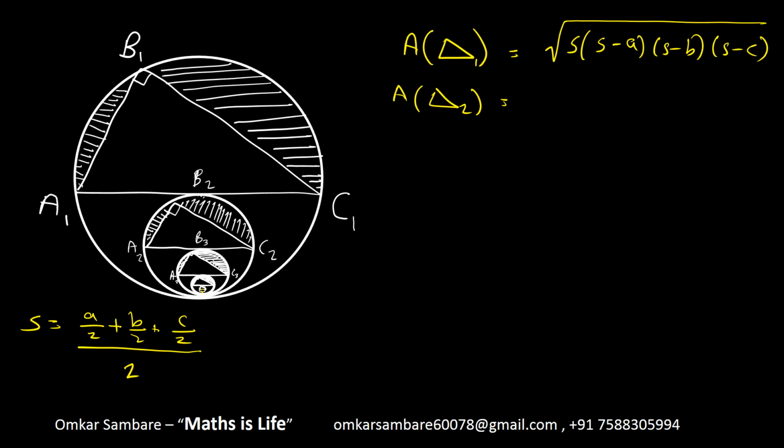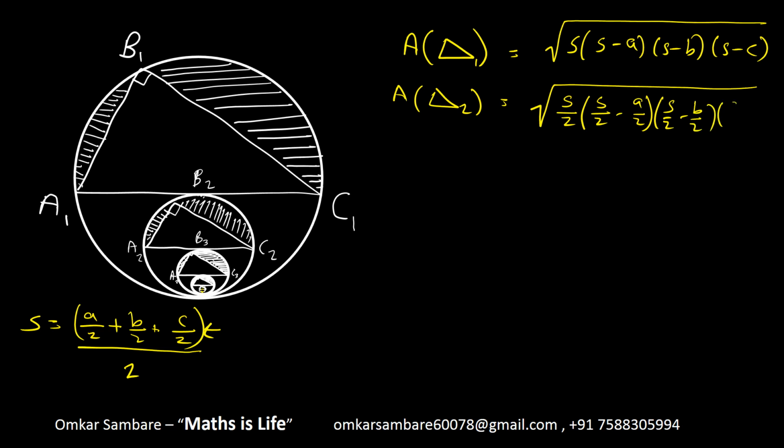Because we can write this part as a plus b plus c upon 2, and that is the value of s. So s for the second triangle is s by 2, and here it will be s by 2 minus a by 2 into s by 2 minus b by 2 into s by 2 minus c by 2.